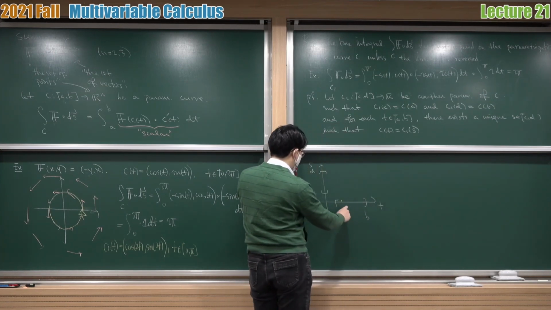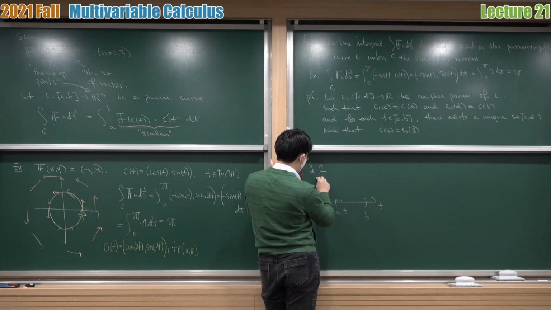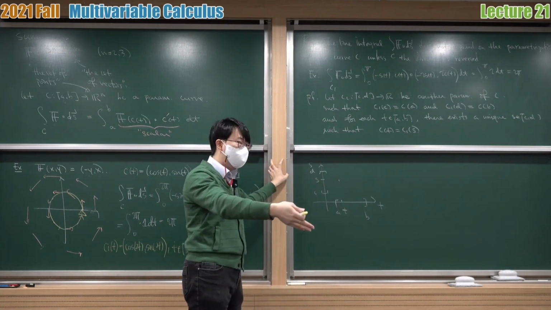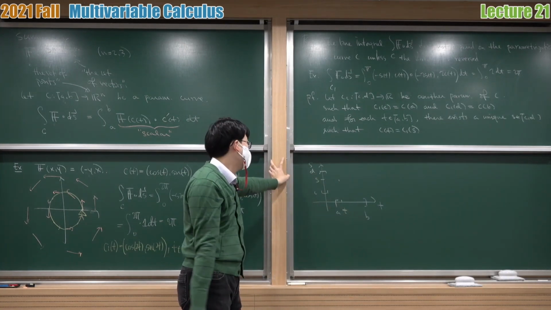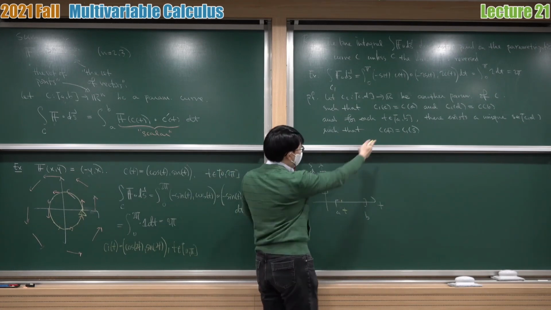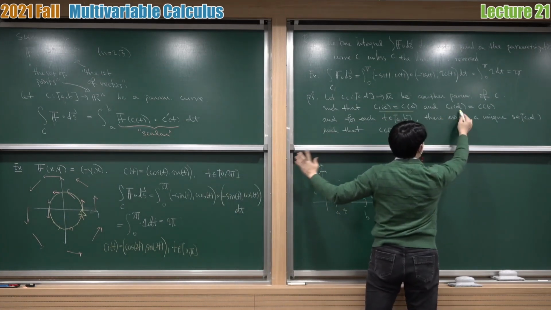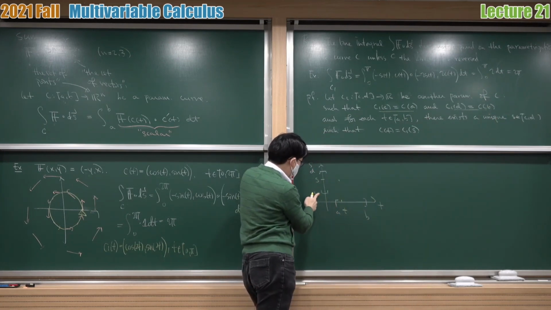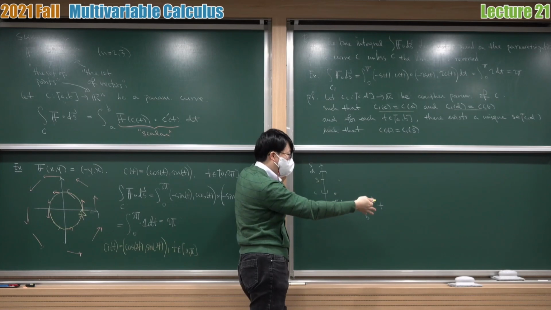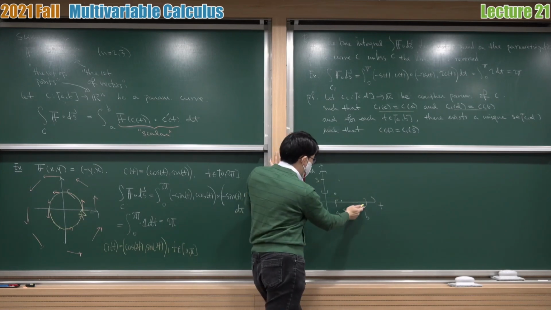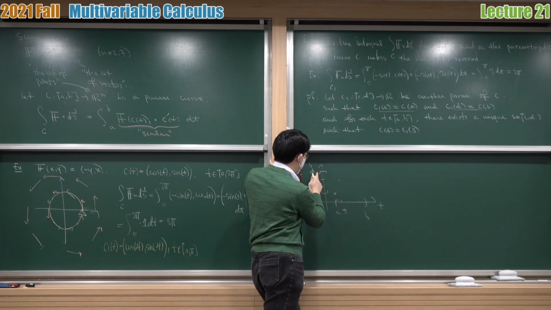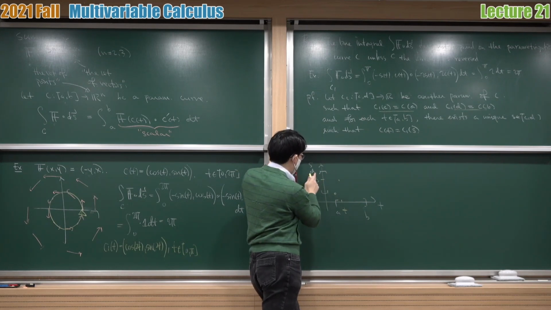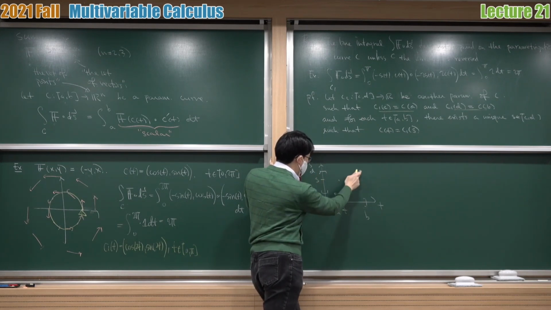So I can always find for each t a unique s that gives the same point in this Rn space. So by the first two conditions, when t goes to A, I have a unique point in the s range, which is C, that gives the same point in Rn. And also when t is B, I have a unique point which matches when s is D. So I have a starting and end point.